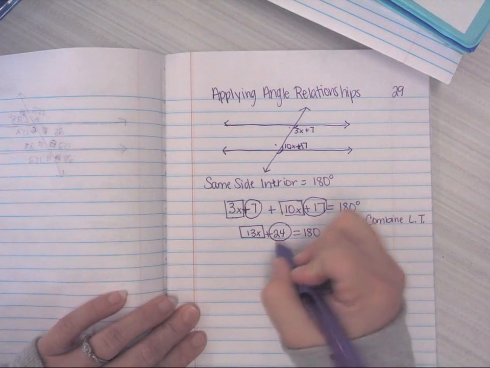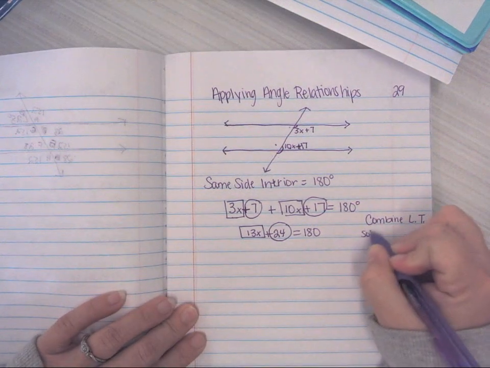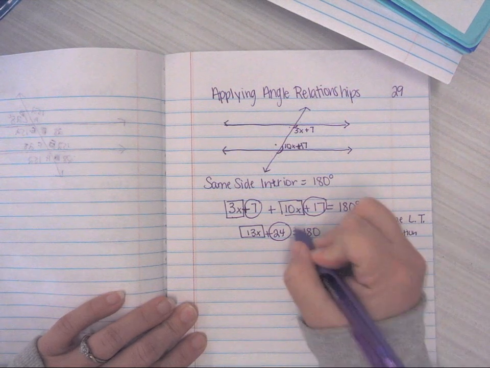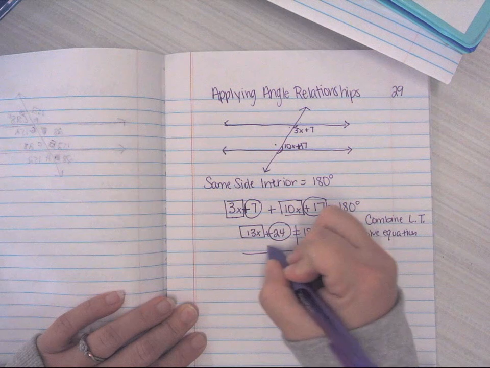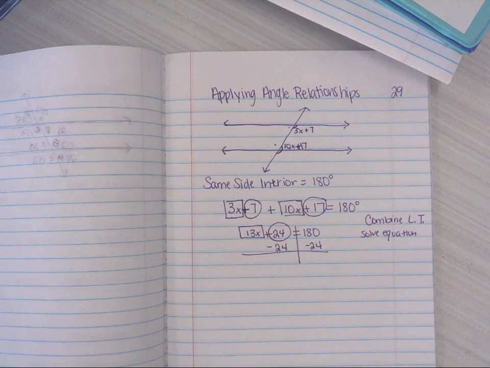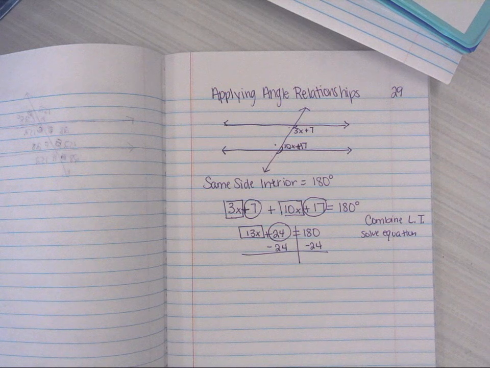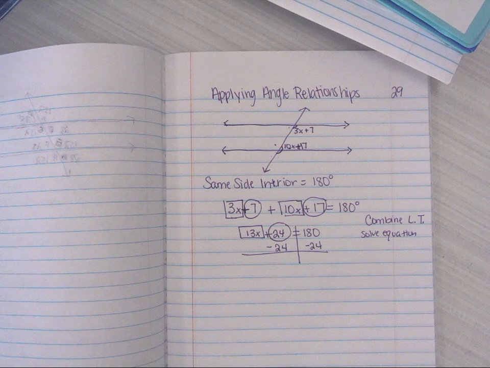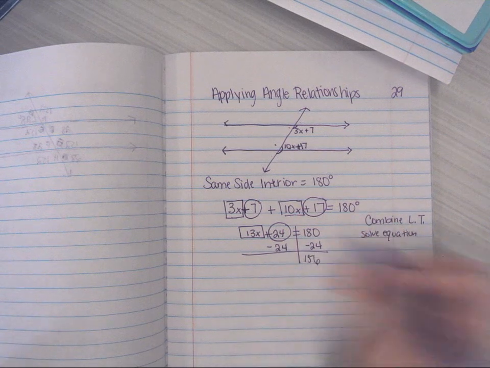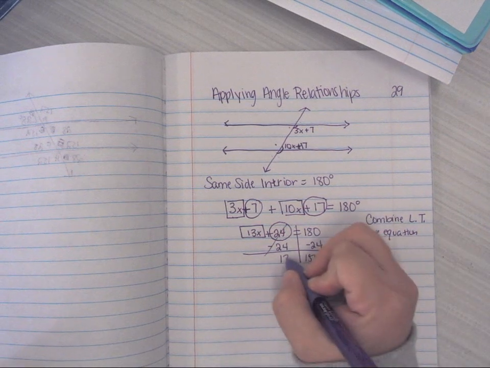Now I'm going to solve the equation. I subtract 24 from both sides. It goes away and I have 13x.